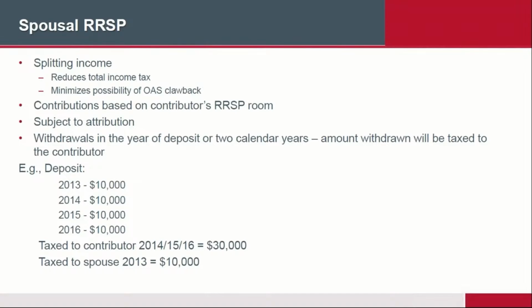So what you want to do is keep your income below $74,000. Therefore, if you split income between your spouse and yourself, you may still get, let's say, $120,000 or $130,000 in the family, but you're not getting it by yourself. You're splitting that with your spouse, and therefore both incomes are below that $74,000, so you avoid the OAS clawback. Okay, so that's the other reason why you want to do a spousal RSP or splitting of income.